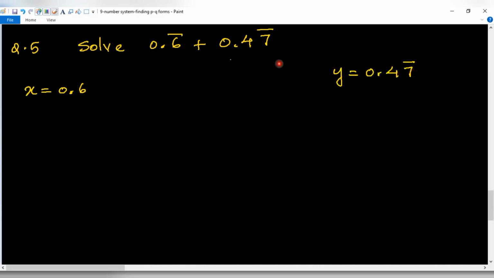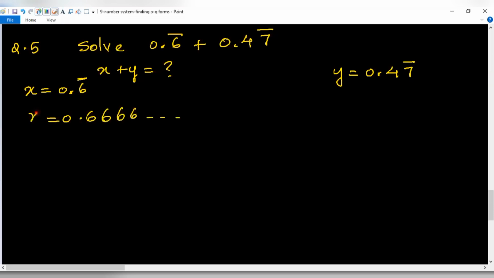So what we have to find is actually x plus y. We have taken 0.6 bar as x and this as y. So actually the question is to find out x plus y. Now, here we have a bar, so this is actually 0.6666 like that.